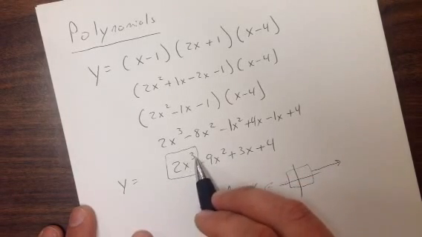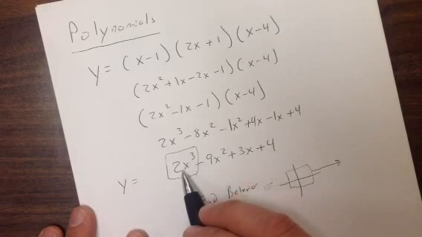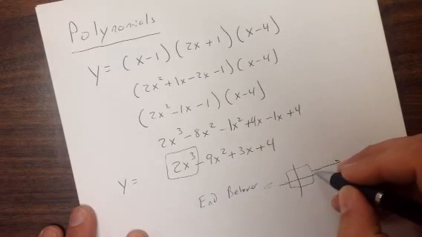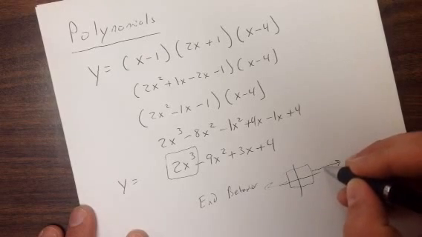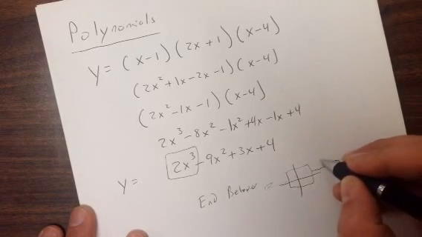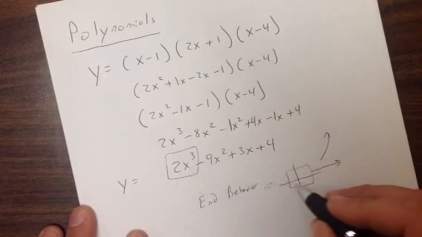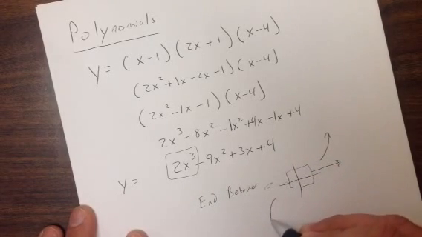When that is an odd exponent and positive, the direction it heads as you go right is up. On the going left, it's going to go down.